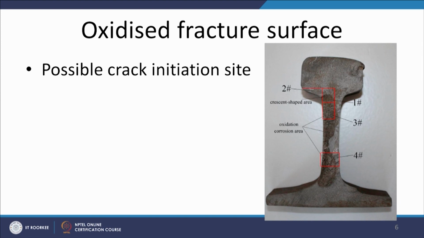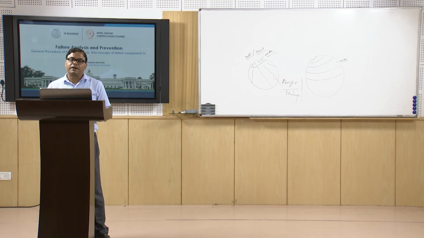So, if there is a dull or rusted surface, that will of course indicate the location from where the crack has been initiated, and by measuring the oxide layer thickness, we can estimate when the crack was initiated and for how long this surface was exposed to the environmental conditions, because of which oxidation has taken place.